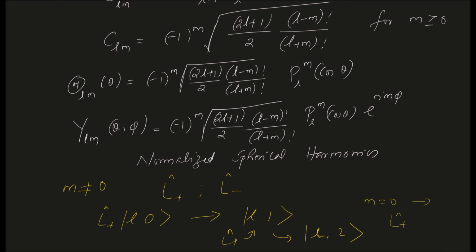Or you can go below these values, you can act L minus operator, that will give us states like L minus 1, L minus 2, etc. So that is the typical procedure we use to get the eigenfunctions or the states for other values of m.